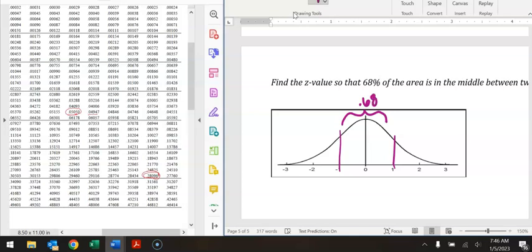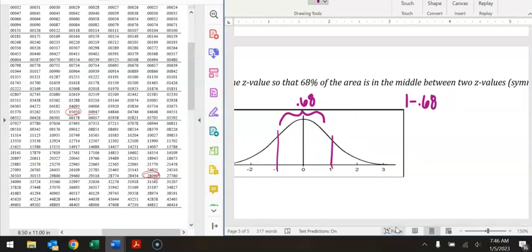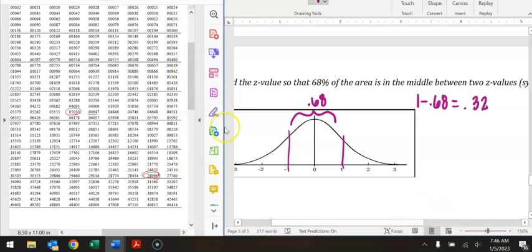All right, because it's helpful to think in terms of how the curve looks. So you have 68% in the middle. If I do 1 minus 0.68, that's going to give me what's left over in each of my tails. Okay, so 1 minus 0.68 gives me 0.32. So that means there's 32% left to split between the two tails on either side.